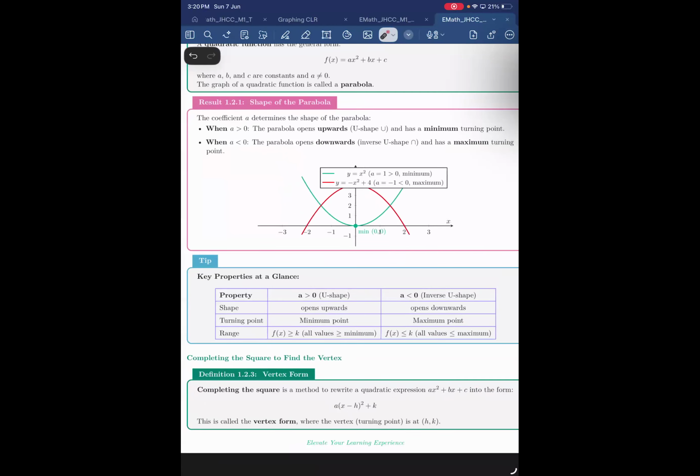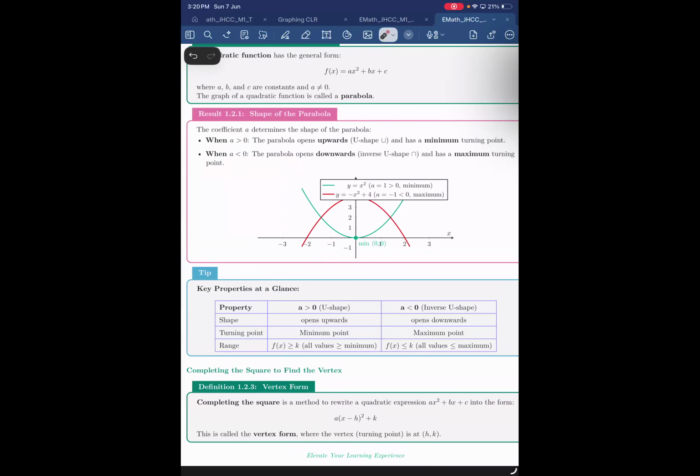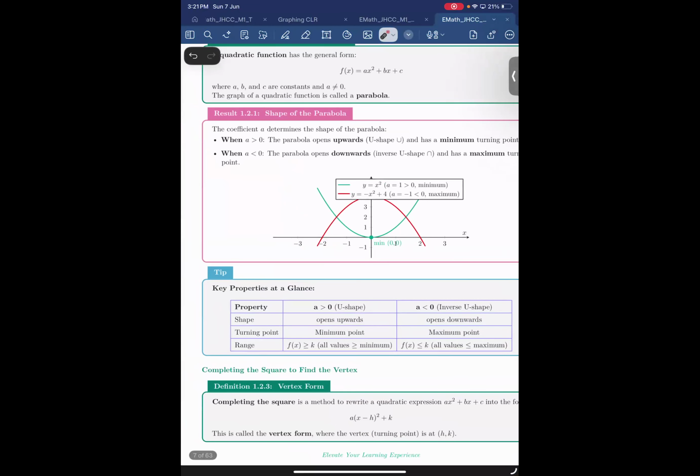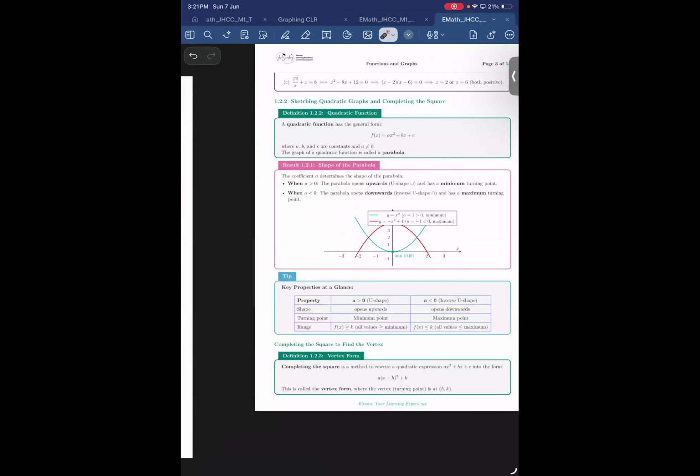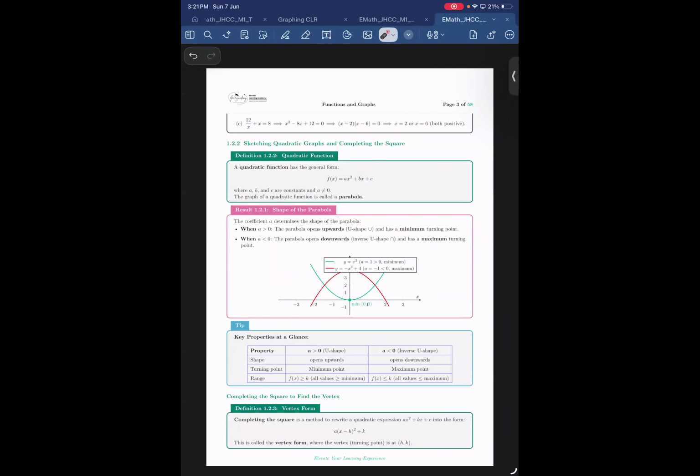So your goal with any quadratic function, if you want to find this thing called the vertex, the vertex can mean either minimum or maximum. To find the vertex, you need to complete the square. Afterwards, if you compare with this form, you can tell where exactly is the vertex. If you identify the h and k, then your vertex is h comma k.